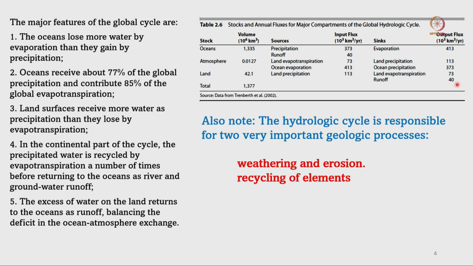Now, the hydrologic cycle is responsible for controlling 2 important geological processes over earth, and that is weathering and erosion. Water is an extremely important agent for weathering and erosion. I will explain their importance in our lecture on weathering.